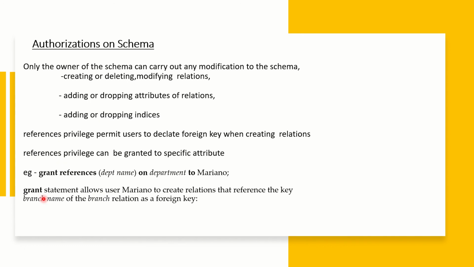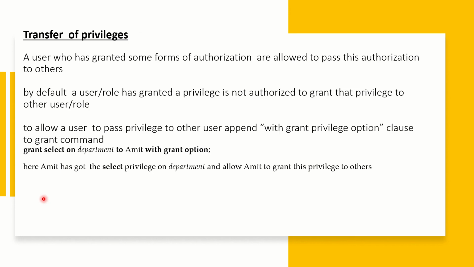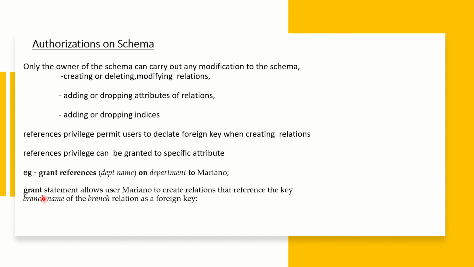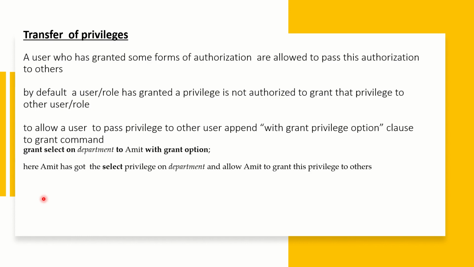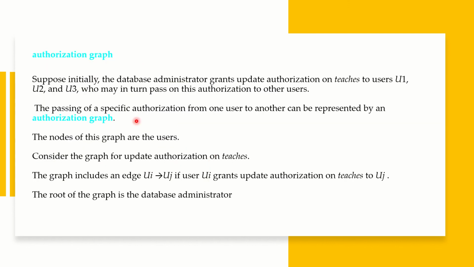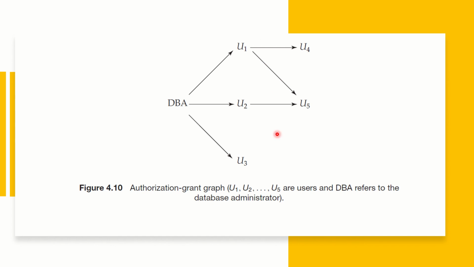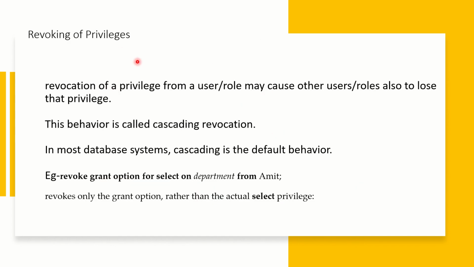Then the different authorizations on schema, and the reference privilege. Then how to transfer privilege: for that we include one more clause along with the grant command, that is, grant option. What is the authorization graph? This is the authorization graph. Then revoking of privileges, and the meaning of cascading revocation. So those are the main points we have to study here.